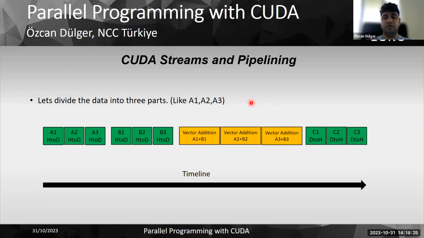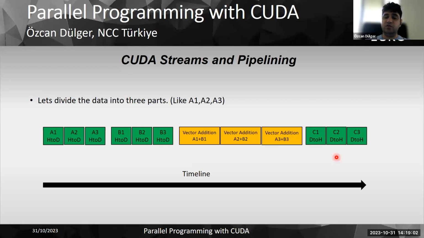In order to make a pipeline and create many streams, first we need to divide the data into 3 parts. Here we divide A into 3 parts. They are independent of each other. We divide B into 3 parts. And since we divide the data into 3 parts, we must also divide the vector addition operation into 3 parts, because they are independent of each other.